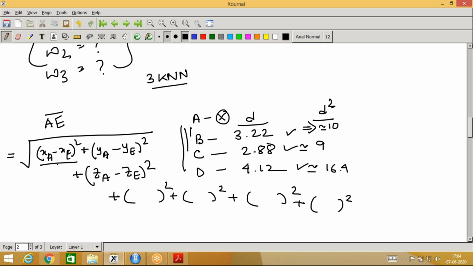Here I got (xa minus xe) square as 4. This one I got as 5. This one I got as 5. And this one I got as 4. Question is, after calculating up to this one, should I go and calculate further?